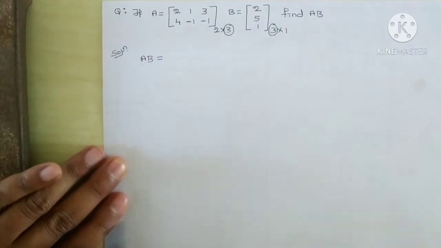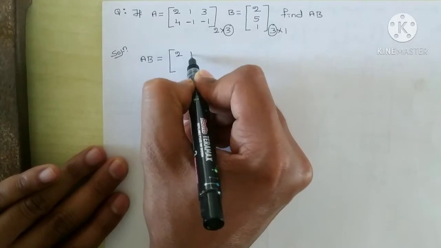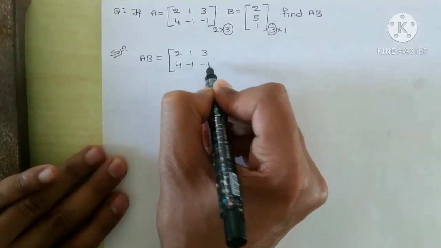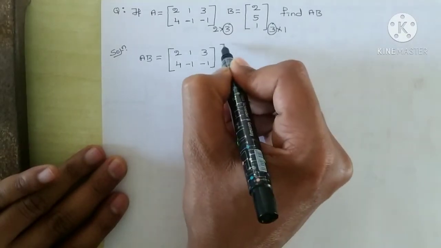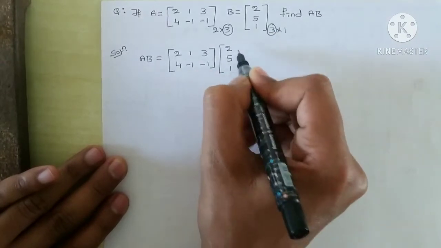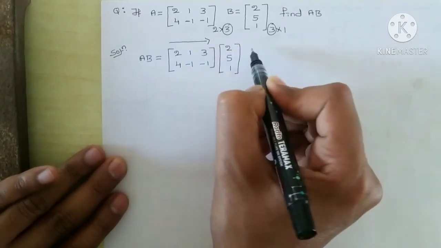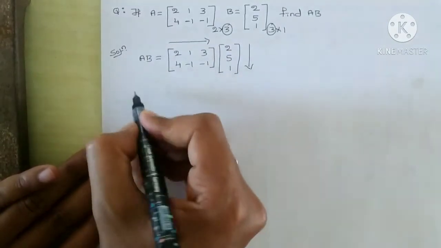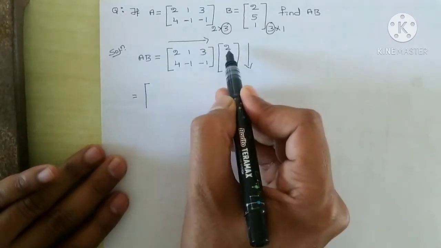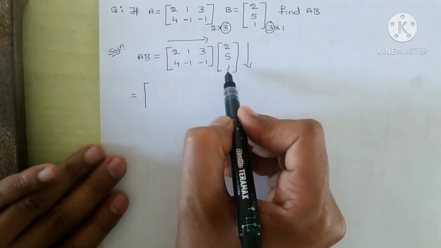AB is equals to first A matrix 2, 1, 3 first row, 4 minus 1 minus 1 second row into second matrix 2, 5, 1. Yes, you have to go rows in terms of columns. Therefore first, see first row you have to multiply with first column, but here second column is not there, so here only you need to stop it.